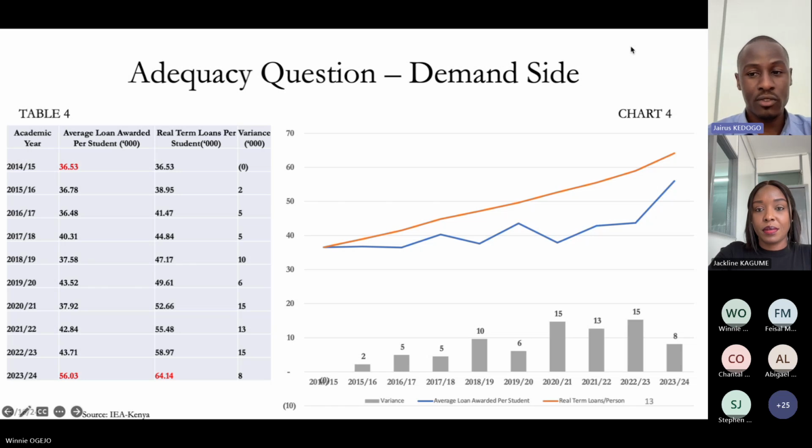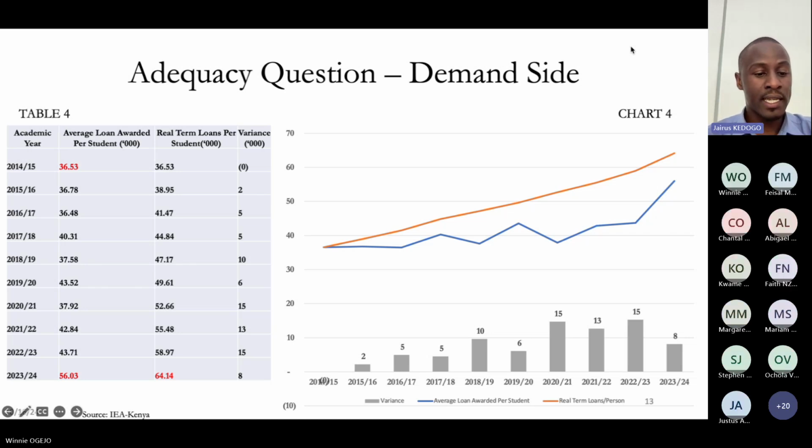The real value of loans, if I take our base year of 2014-15, you see that the real value is actually falling, which means that even the loans that we are providing today have a lower purchasing power compared to that time. And I think this is an issue now that should be considered during the allocation of loans.